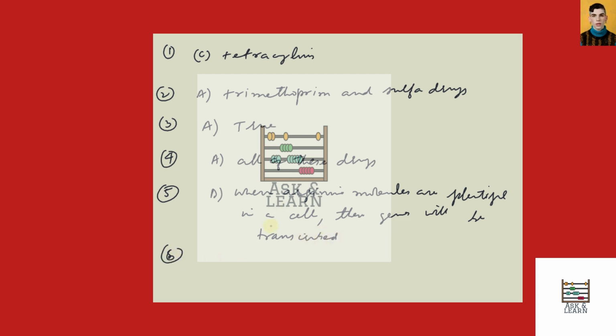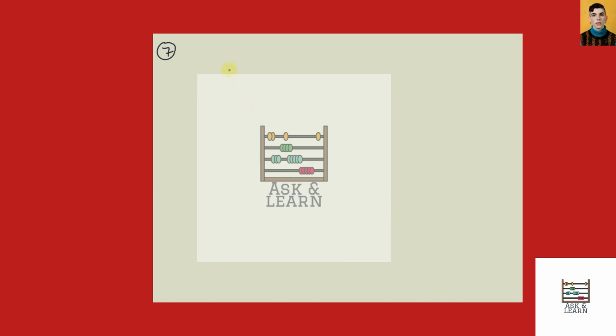Another question also is: what prevents DNA from getting tangled as it is replicated? The correct option is option D, which says DNA gyrase. Another question also is: anti-chikungunya virus antibody molecules.